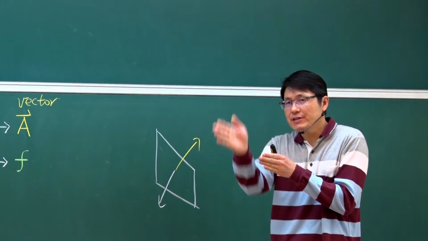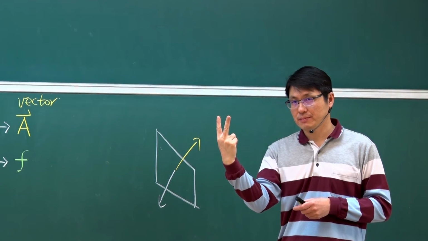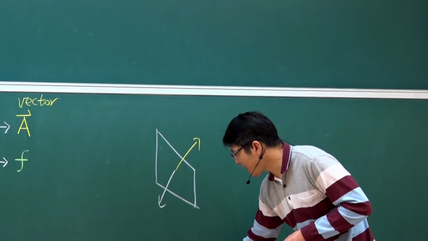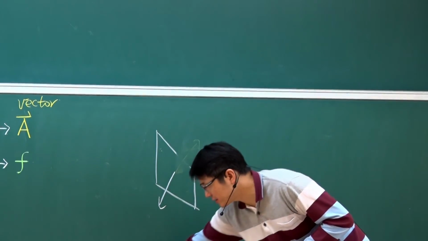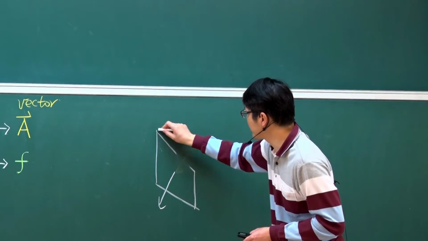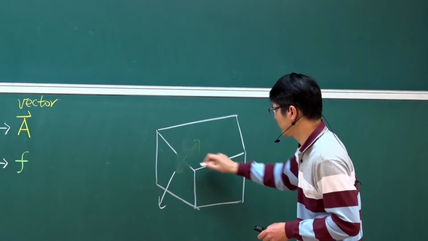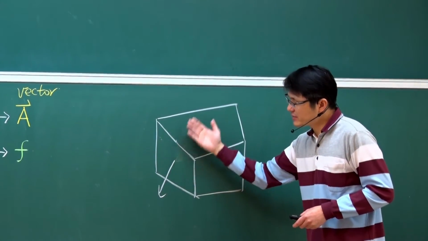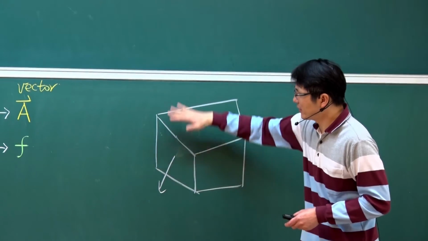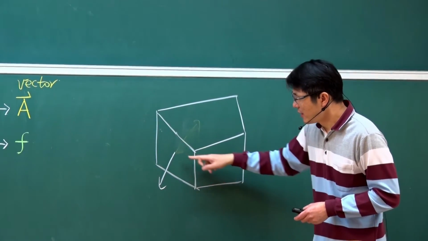So for a given surface, you can have two directions. But now the fact is, this surface is a part of a three-dimensional solid. Okay? This surface is the outer end of a given three-dimensional solid structure.